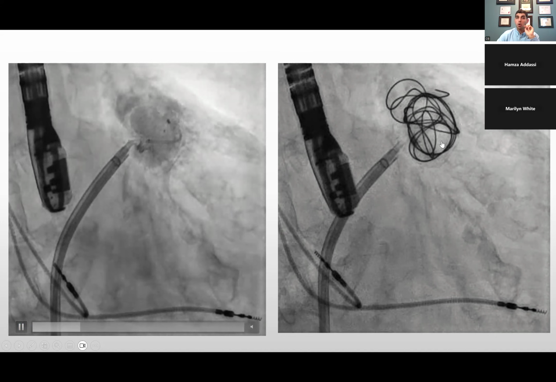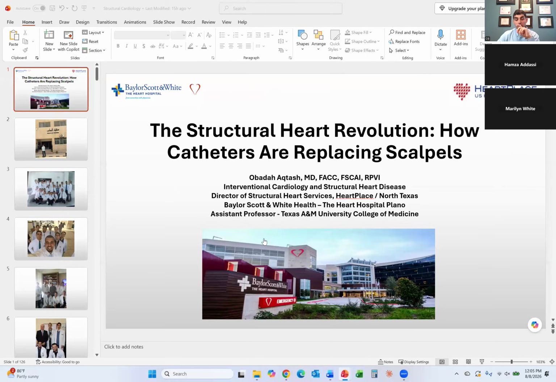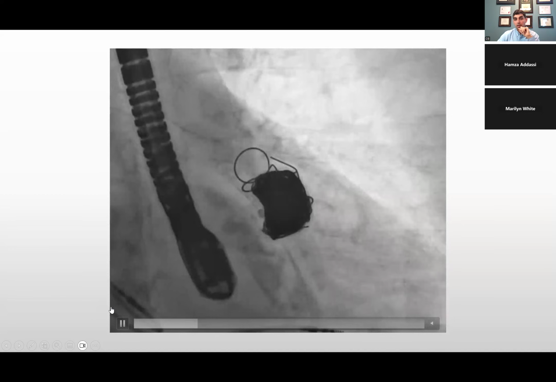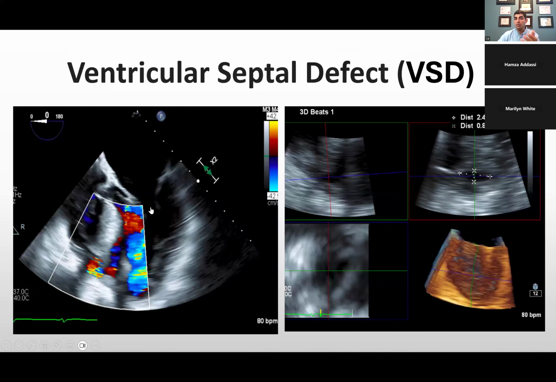These are like metal strings, and I just filled it up with coils until it looks like the next shot right here. That way it's excluded, and the patient does not have the risk of bleeding anymore.